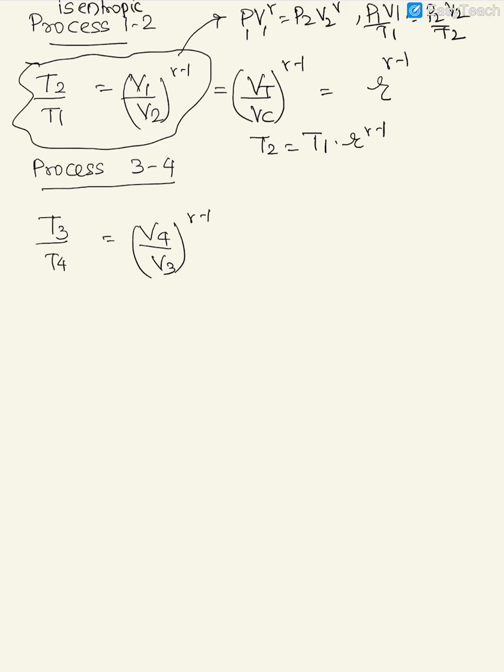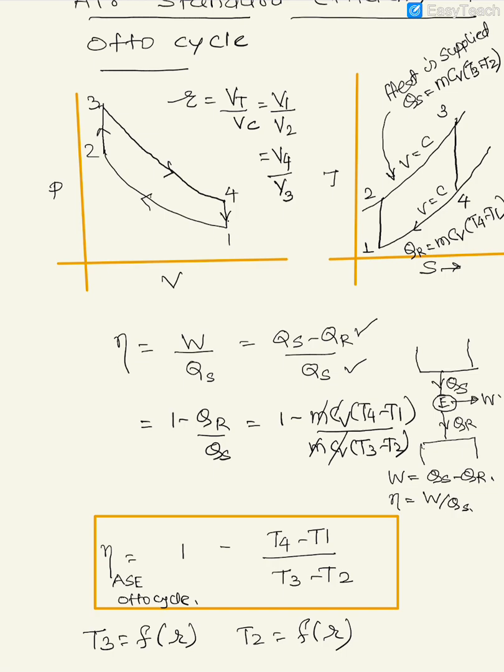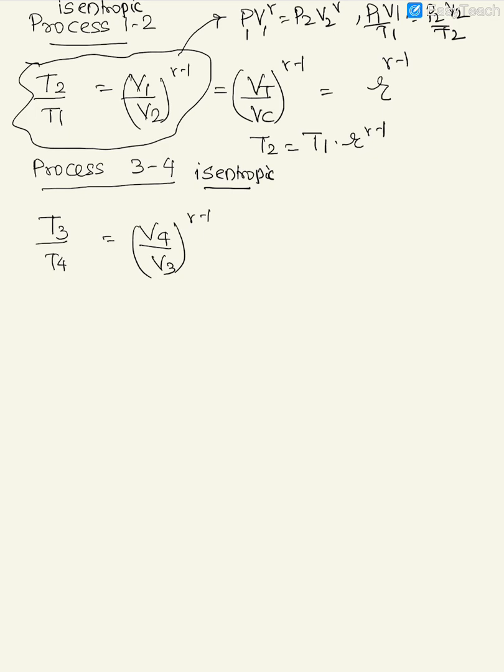Similarly, 3 to 4 is a reversible adiabatic or isentropic process, and for that also we can write T3 by T4 is equal to (V4 by V3) raised to gamma minus 1. Now V4 is V1 and V3 is V2, as I had written already, and V1 by V2 is equal to r. So this is the same as the earlier expression, r raised to gamma minus 1.